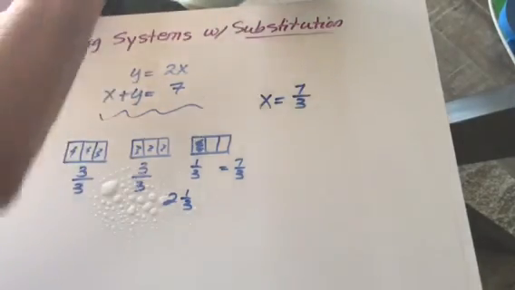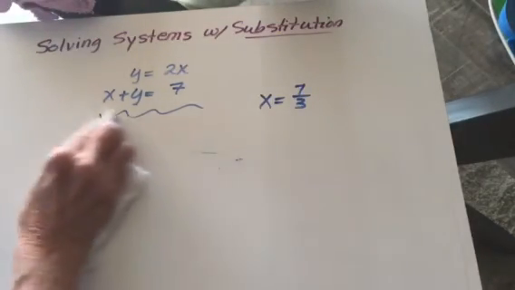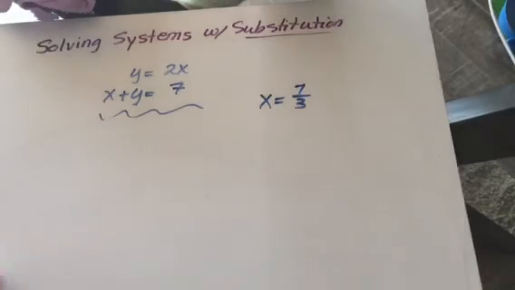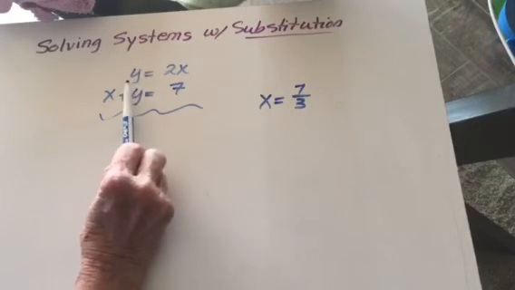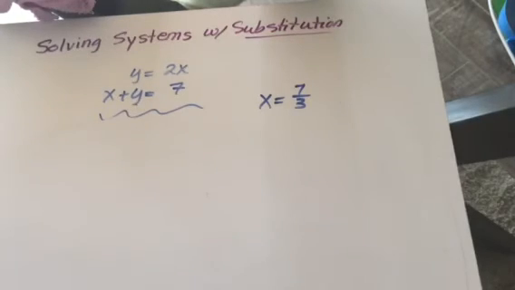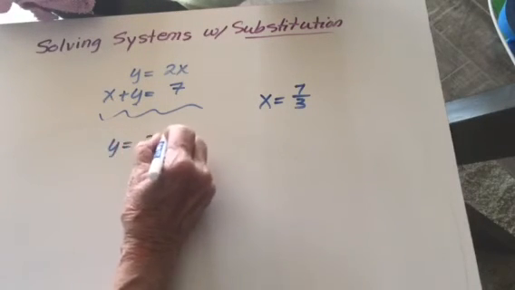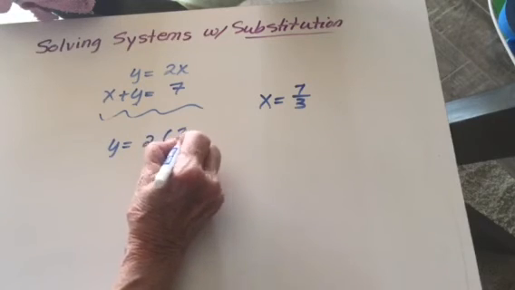Now we know what x is. Let's see what y is. If x is 7/3, y is going to be 2 of those guys. Watch. y equals 2 times 7/3.